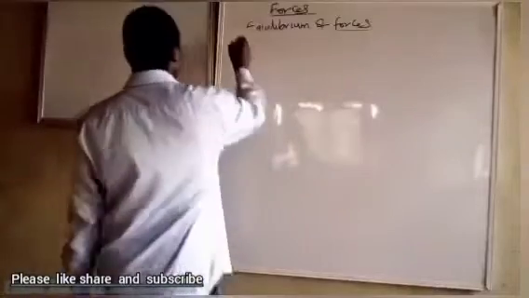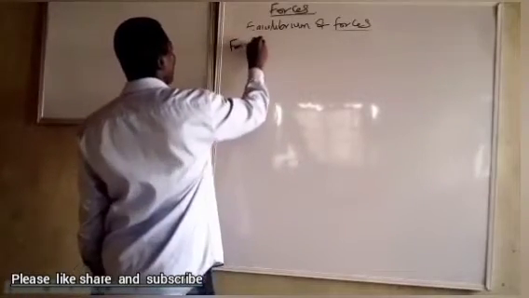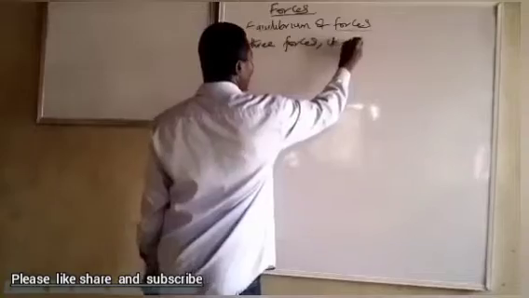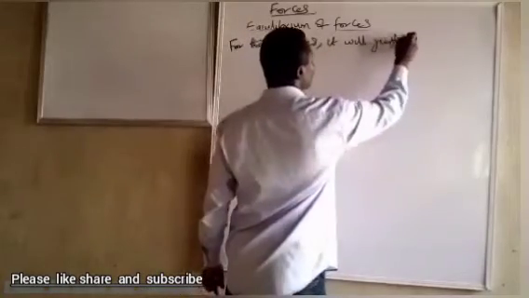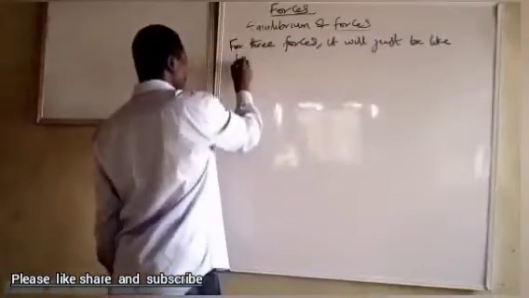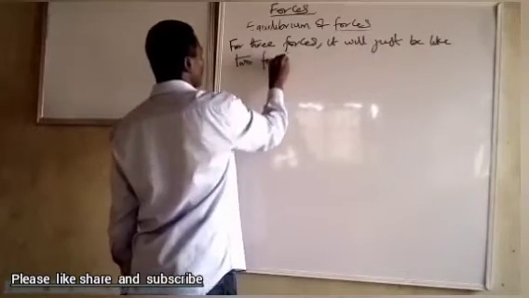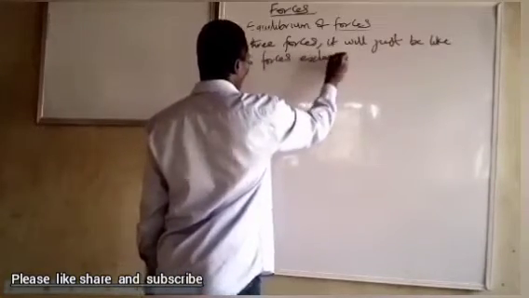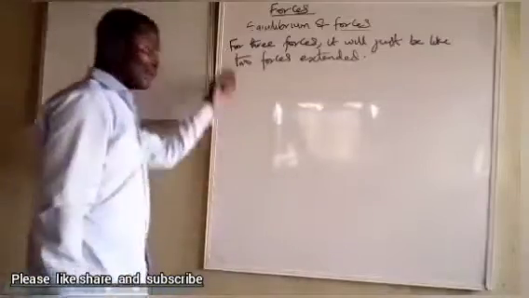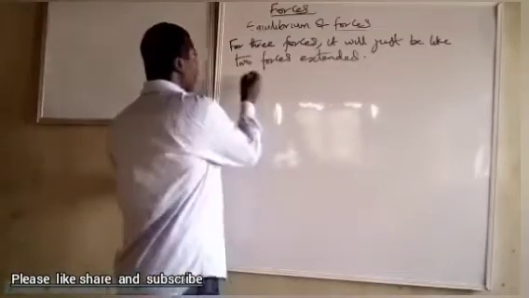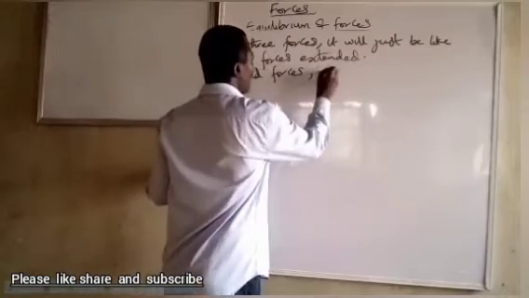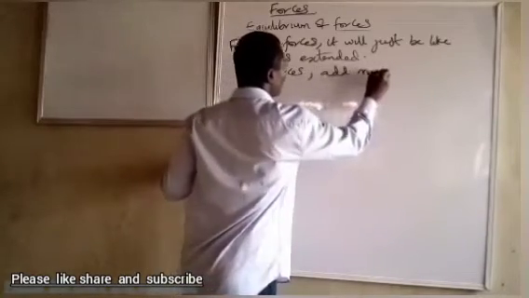Now for three forces, it will just be like two forces extended. That's all. If they are parallel, you add them and you take moments. You add forces, add moments.